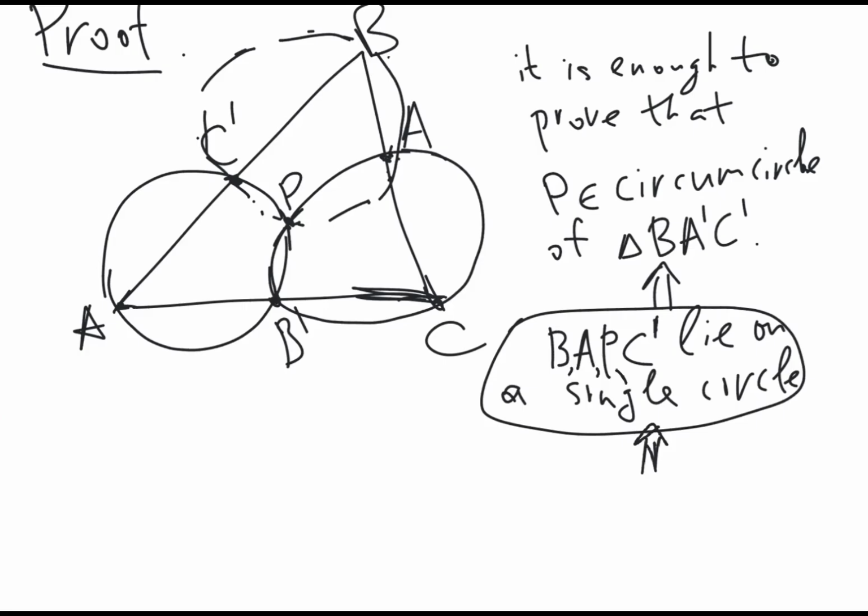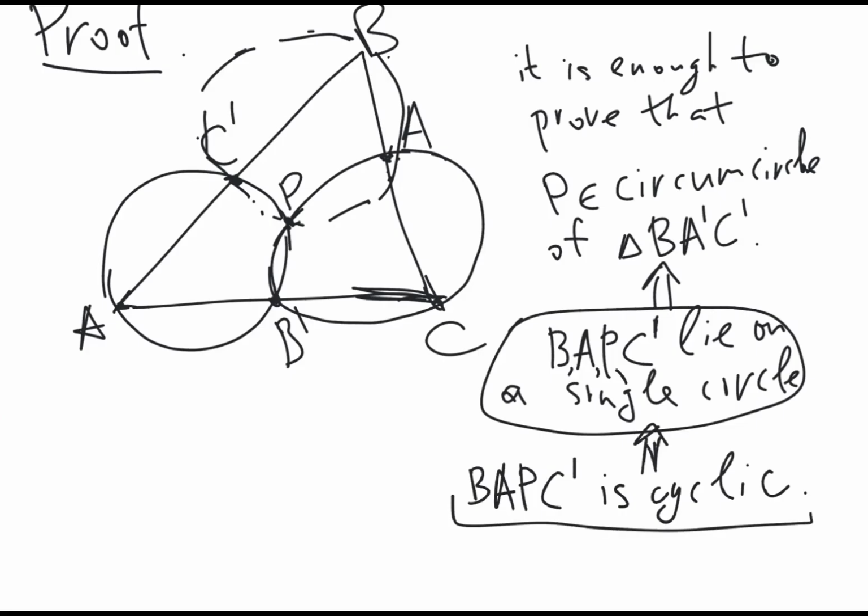Another way to put it is that the quadrilateral B, A, P, C prime is cyclic, right? This is the same thing. If you prove that this is a cyclic quadrilateral, then the statement of Miquel's theorem would follow.